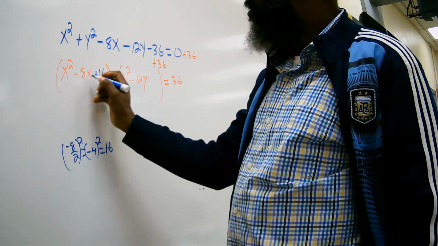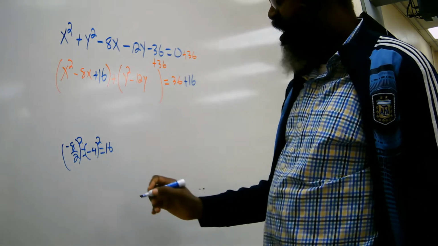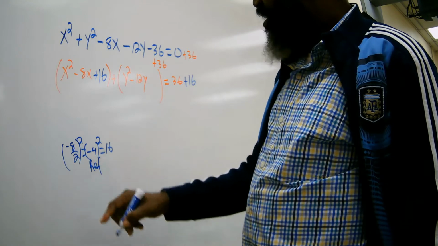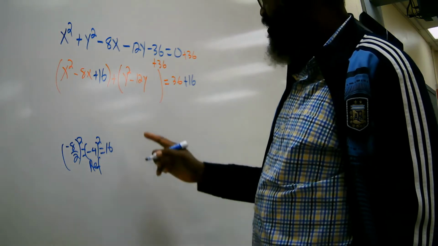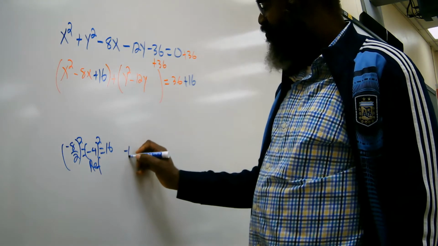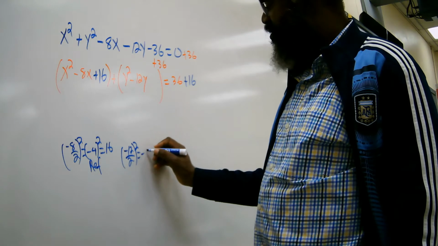Remember, if you add 16 on this side, you have to add 16 on the other side, so the equation can be balanced. And you remember, you need to save that because you're going to use it as a reference. And you do the same thing here. You take negative 12, you divide by 2, then you square it. That will give you negative 6.